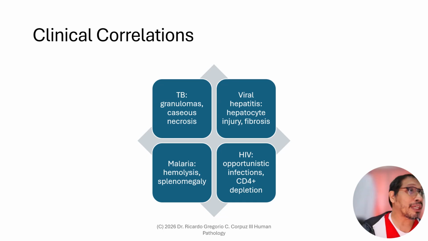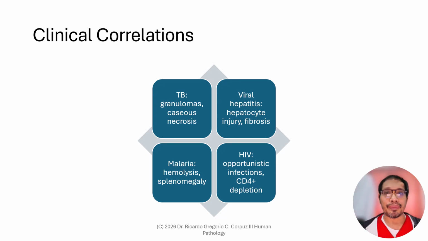Number four, HIV: opportunistic infection and CD4 plus T cell depletion. HIV targets CD4 plus T cells, progressively weakening cell-mediated immunity. Loss of CD4 plus cells impairs the ability to control viruses, fungi, and intracellular bacteria.